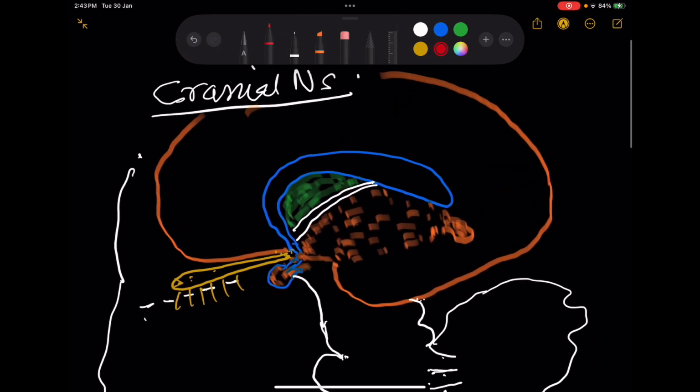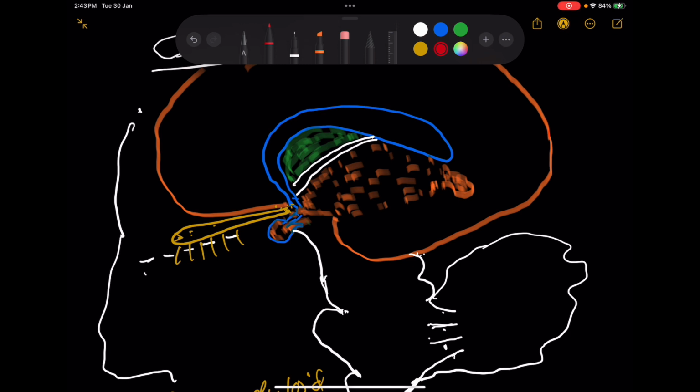So if you want to see the calcarine fissure on the medial side of the occipital cortex, here is the calcarine fissure. Here this one, the thicker one. And you would understand that these fibers would come like this and end into this.